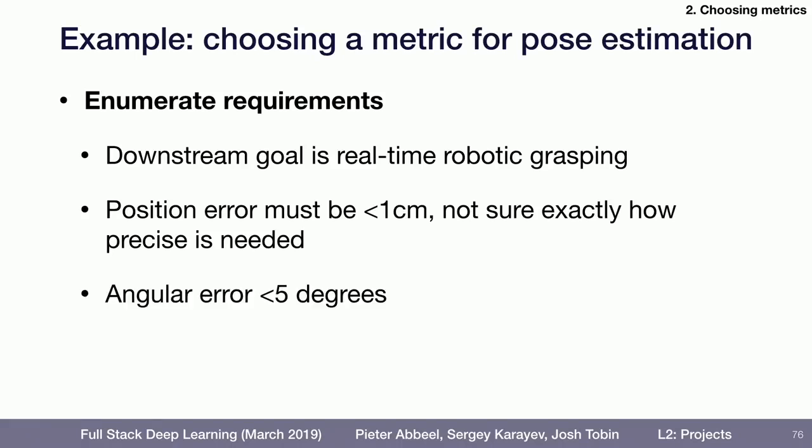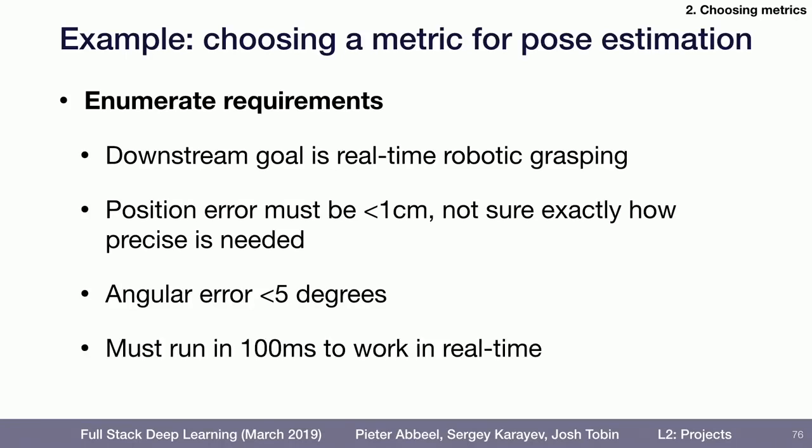And we need a pretty accurate angular error estimation. Maybe it has to be less than 5 degrees, because if the angle is really far off, then the robot will grasp the object the wrong way. And finally, we need to run it in real time, and our team might estimate that to run this system in full time, the pose estimation model needs to run in 100 milliseconds.